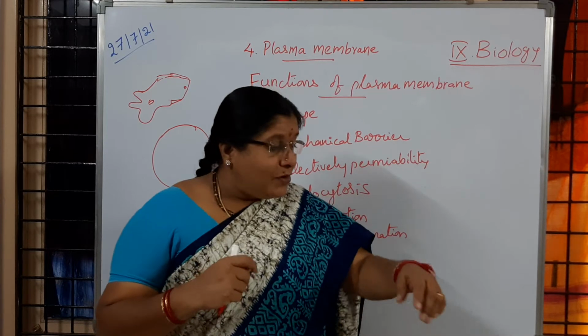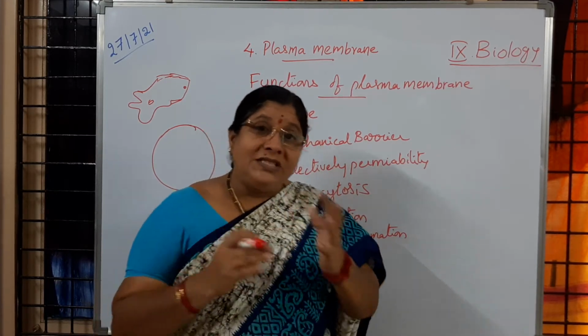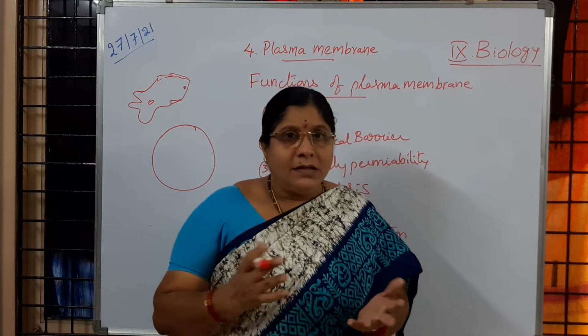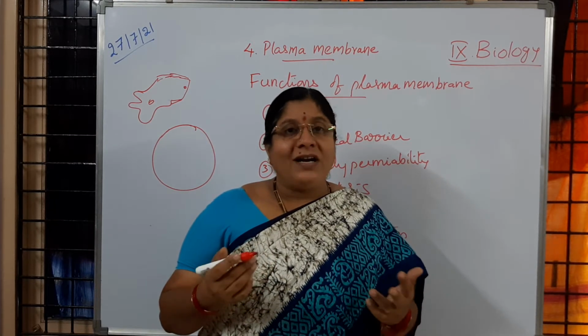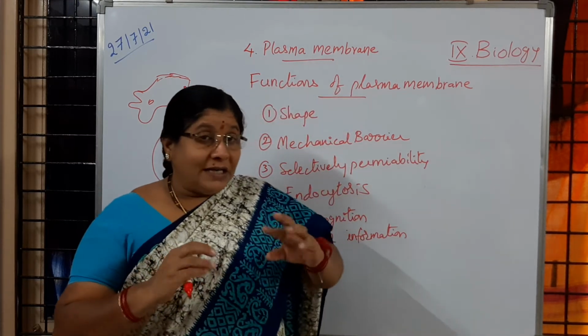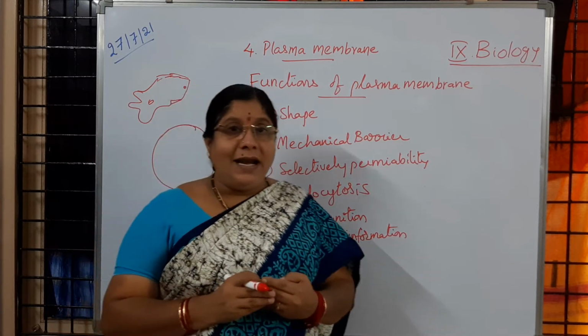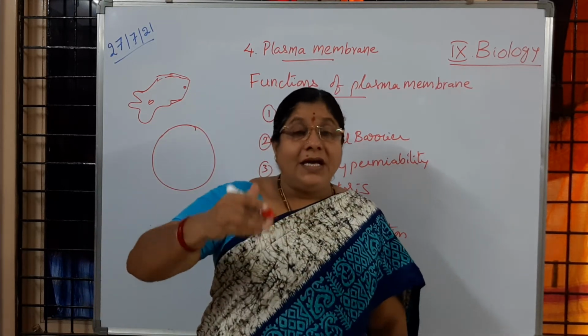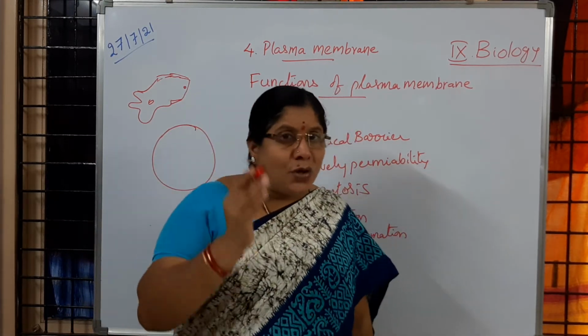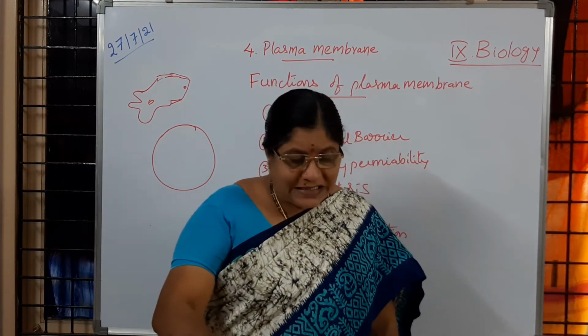Suppose I am looking at it, and even after the information reaches, the opposite action is not done, then it will cause some inconvenience or harm. Is it not, children? So that information is passing from one cell to another cell. That flow of information is going to be carried from one cell to another cell. That is because of the plasma membrane. Is it clear to you?